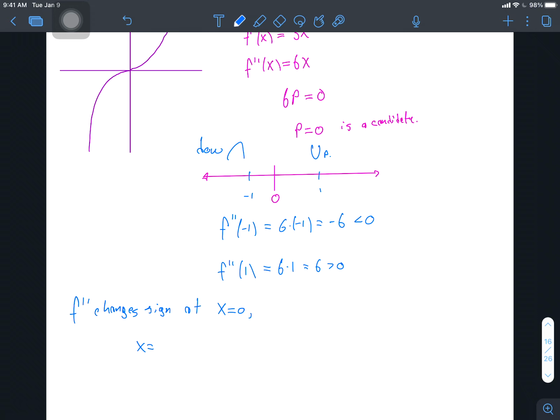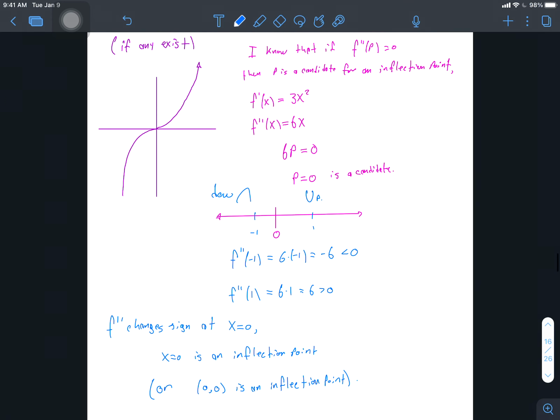Therefore, x equals 0 is an inflection point. Or I could say (0, 0) is an inflection point. Both of these statements are okay.